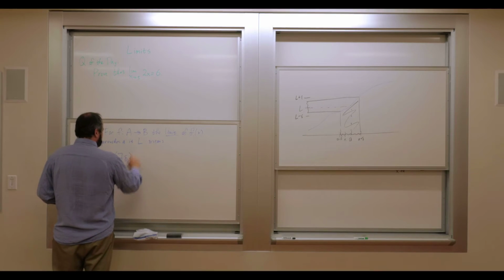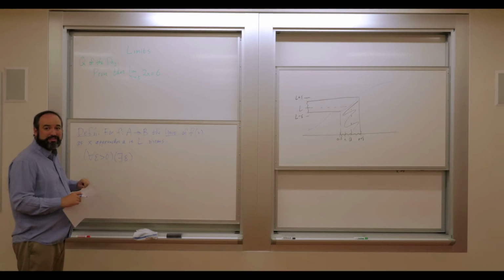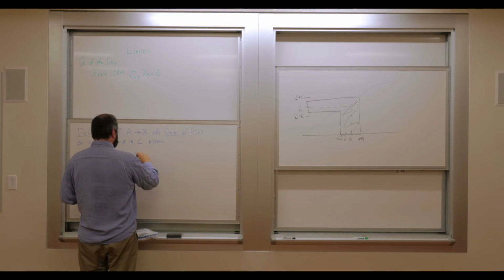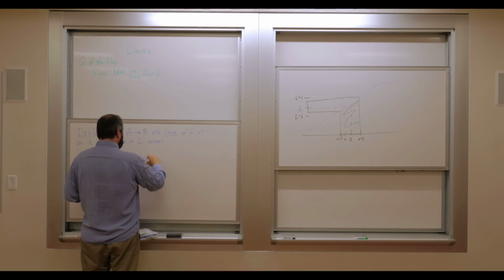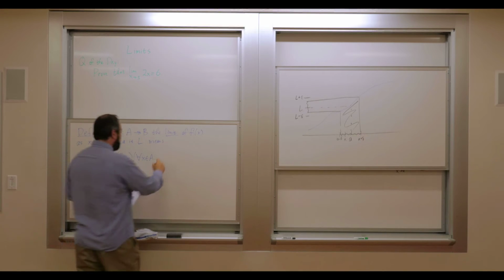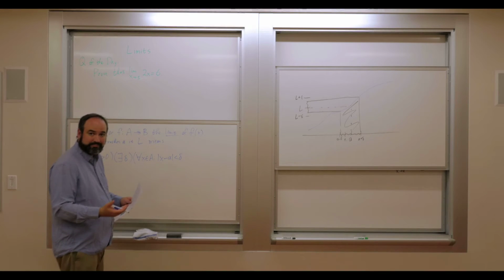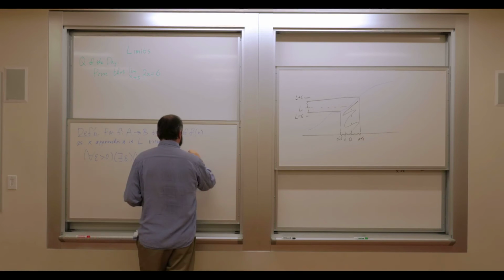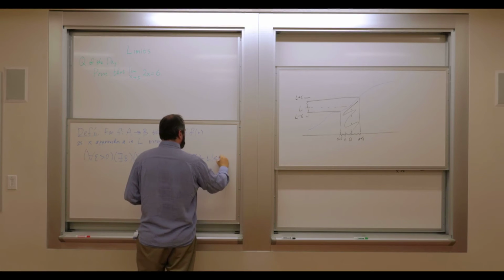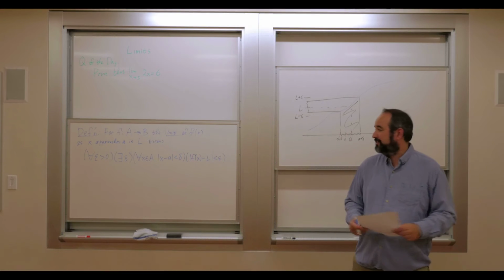I can find a delta. Now remember, I picked epsilon first, so delta can depend on the value of epsilon, such that for all x in big A, so for all x that my function is acting on, if |x − a| is at most delta, then I want my function value, f of x minus L, the difference, to be at most epsilon in absolute value.